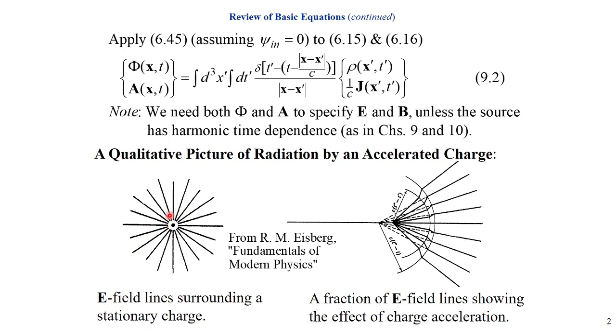Now, the charge moves constantly, or the charge accelerates. What will happen? The field lines will change. A fraction of E field lines showing the effect of charge acceleration. Let me show you in more detail.